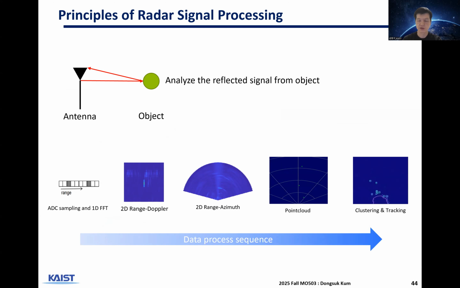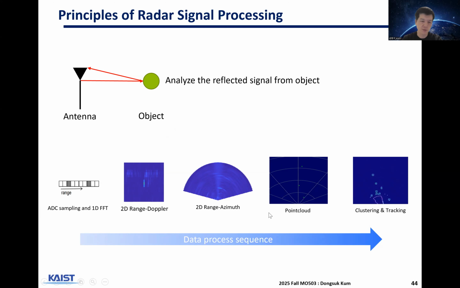It emits an active signal, and the reflected signal is received by the antenna. That goes through ADC sampling and fast Fourier transform to get a 2D range Doppler image, and then 2D range azimuth information.